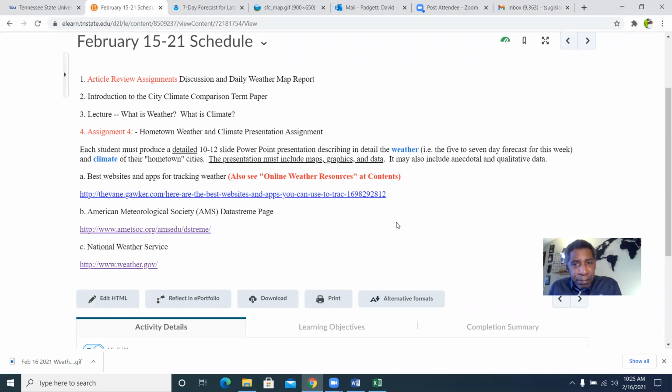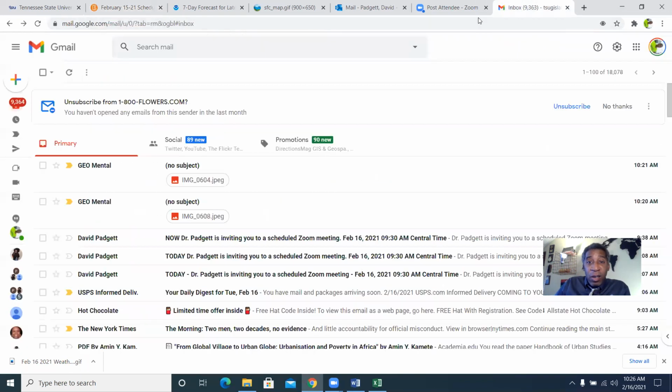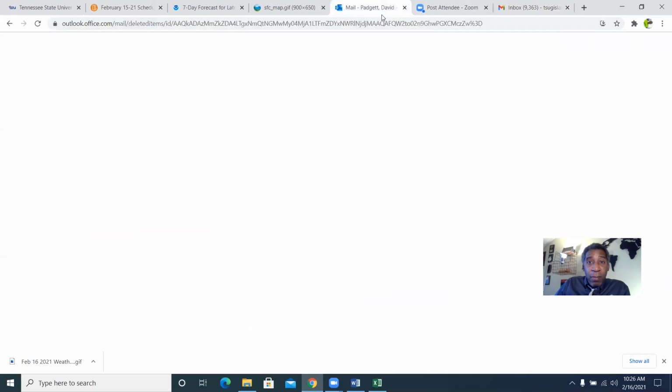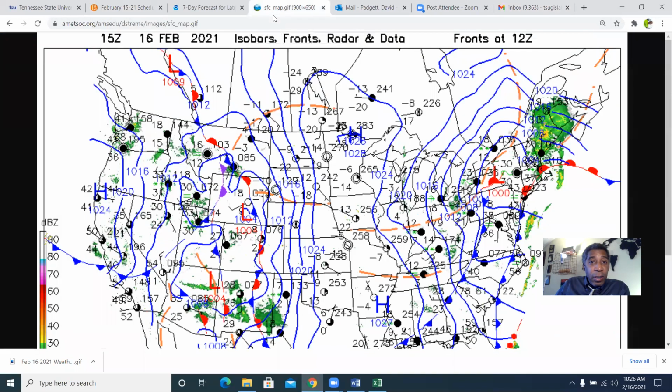But again, that's an example of anecdotal and qualitative data. Photographs, just your own first person viewpoint, but you must also include maps. So I just showed you how to get the weather map for the week from the data stream site. So you can get a weather map of each day included in your presentation.